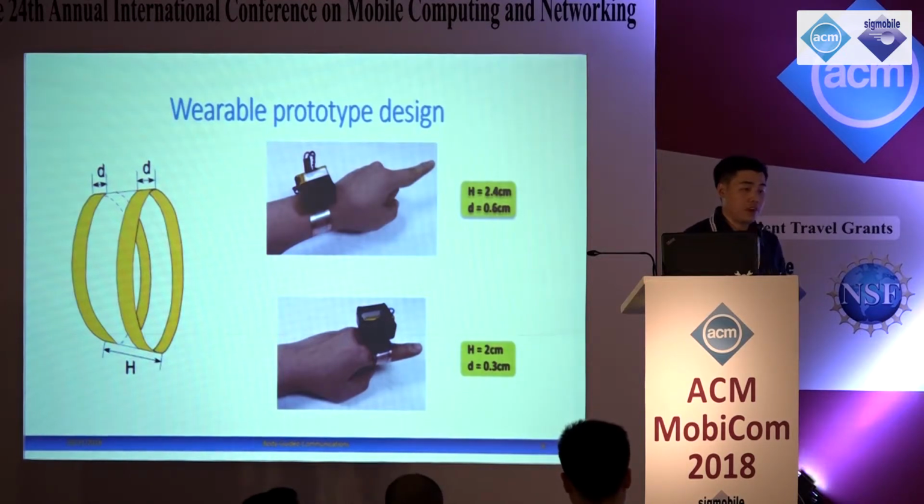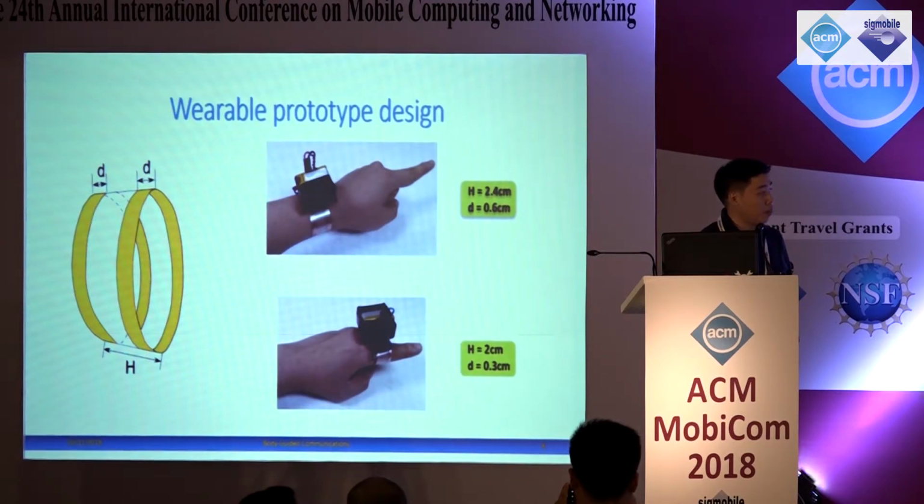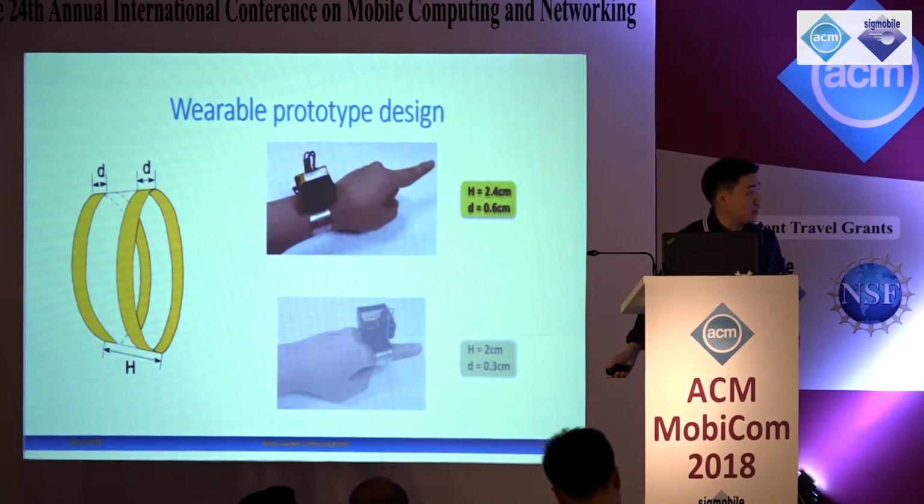For both of these devices, we put the two copper strips on the two sides of the band and try to maximize the inter-electrode spacing within the size. So these are the two prototypes that we made, one for wristband and one for index finger ring. But because the wristband is much more commonly worn than the index finger ring, in this research we focus on the smart wristband design.